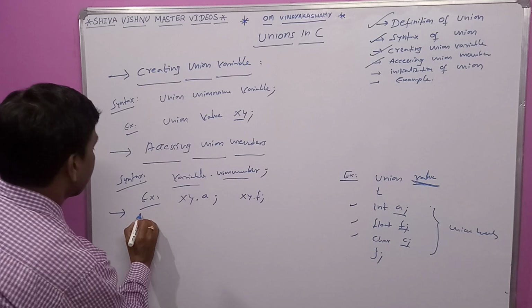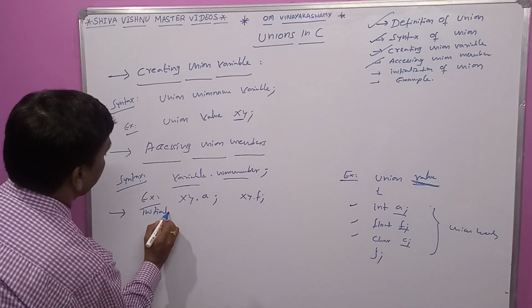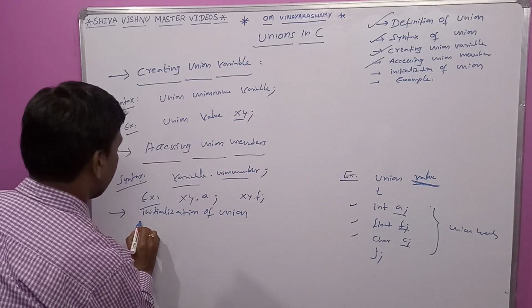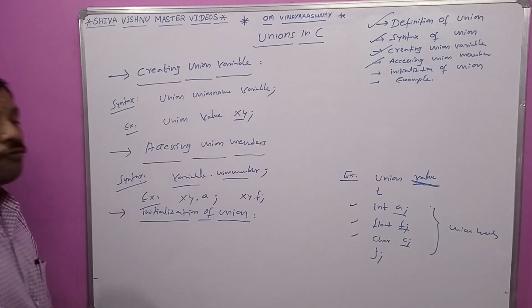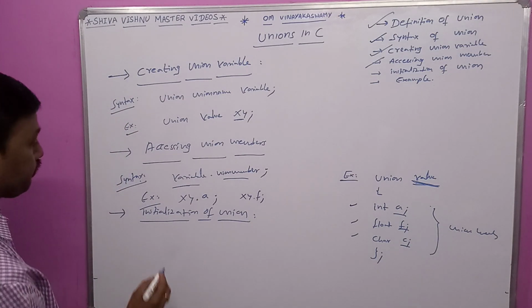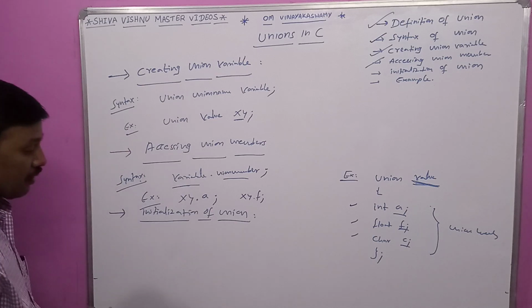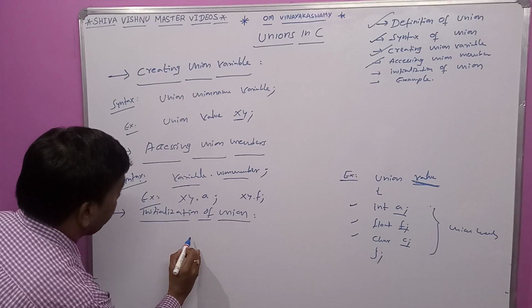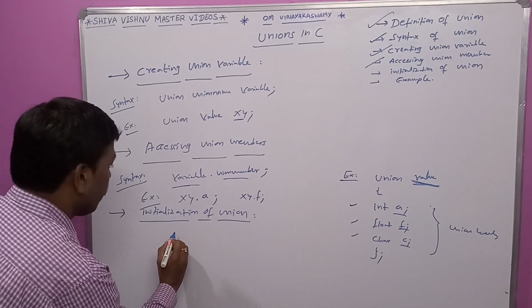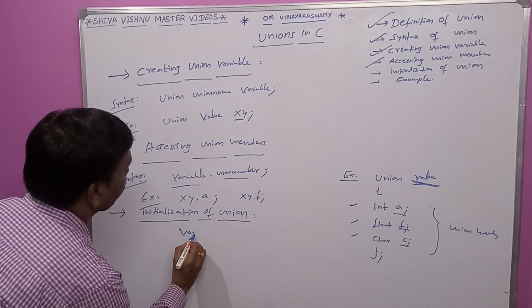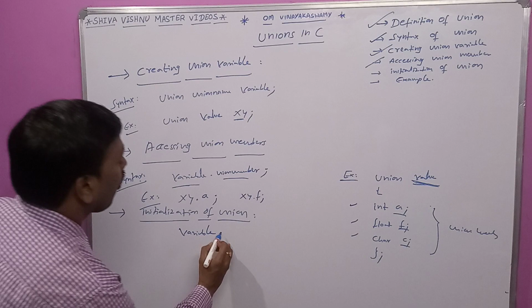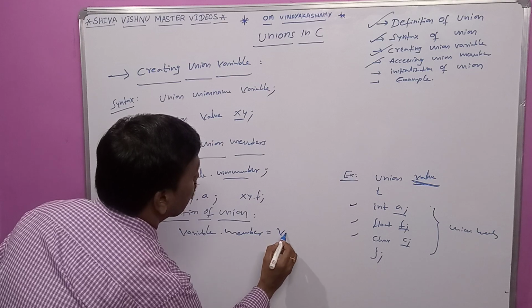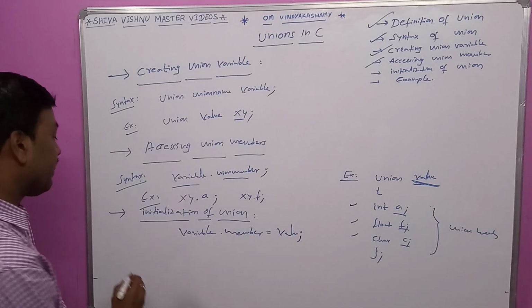Next, initialization of union. Here also we have the syntax: variable dot member, assignment operator, value, semicolon.